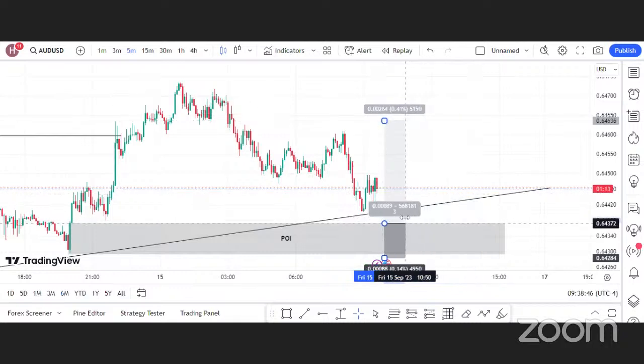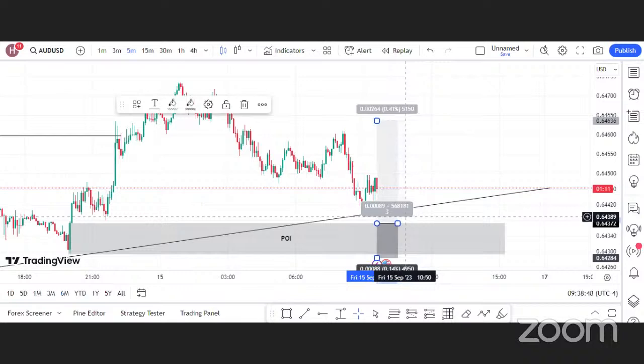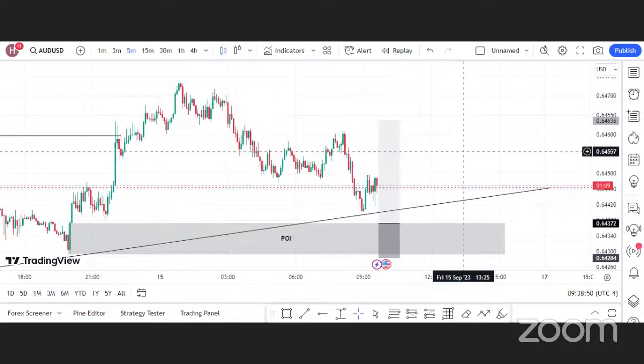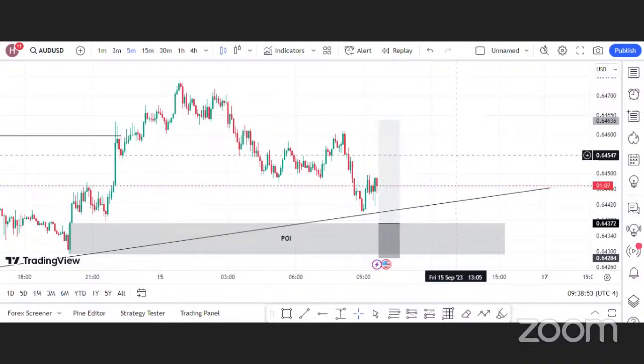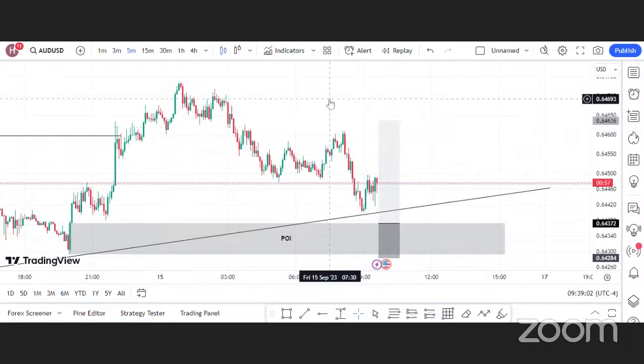That's 1:3, meaning whatever we are risking here, we are looking to make 3 times of it. So let's keep an eye out for this trade. We have our entry marked out already.